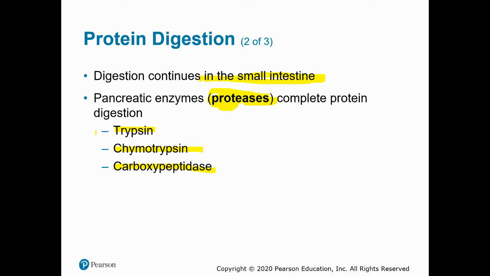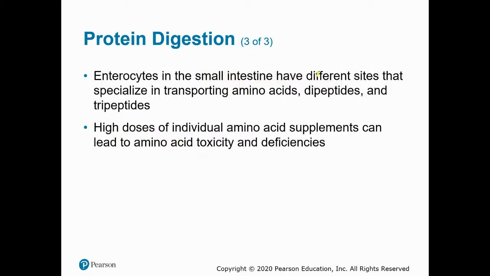You still don't necessarily need to know much about them, but for unit 2, at least start to identify that trypsin, chymotrypsin, and carboxypeptidase are pancreatic proteases, meaning they are protein digesting enzymes made in the pancreas, secreted into the small intestine. And then, of course, we're going to see some absorption into the enterocytes of the small intestine, absorbing amino acids and small peptide chains, so dipeptides and tripeptides.